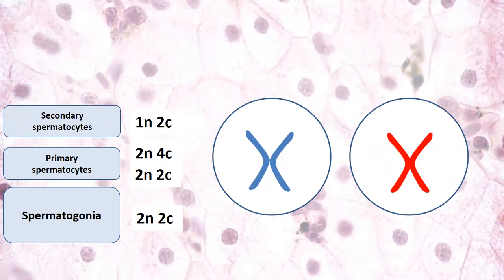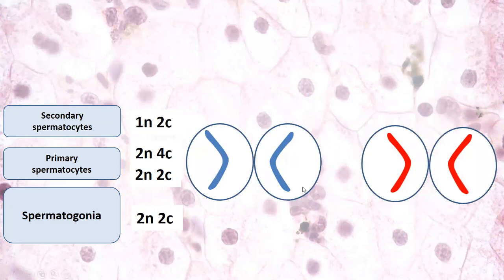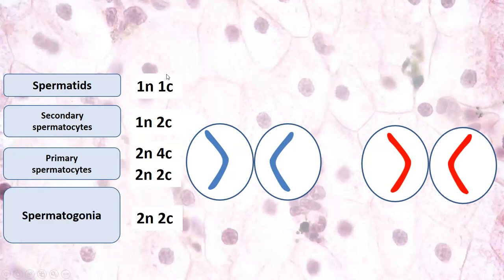And second meiotic division is when secondary spermatocytes are divided into four spermatids. This division reminds of typical mitotic division: chromatids go to the daughter cells, and here we can see that chromatids are divided between the cells, and each cell has 1N, a haploid set of chromosomes, but 1C.